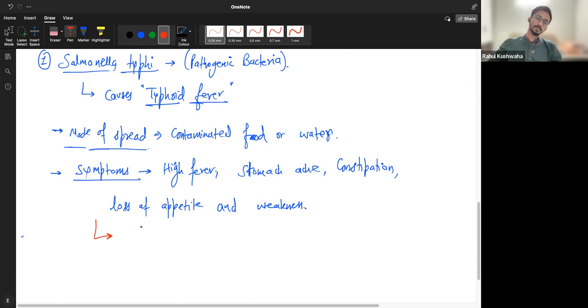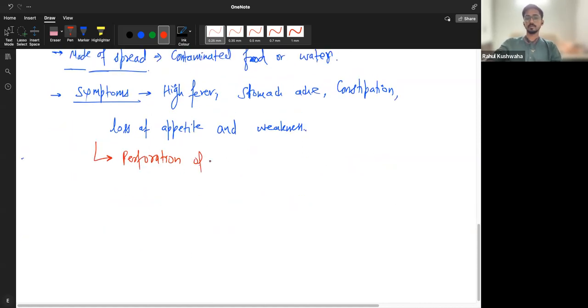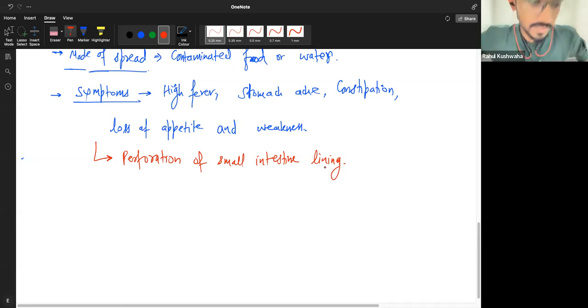So one of the severe symptoms is perforation of the small intestine lining. Now, can you imagine if the small intestine of an organism starts getting perforated?